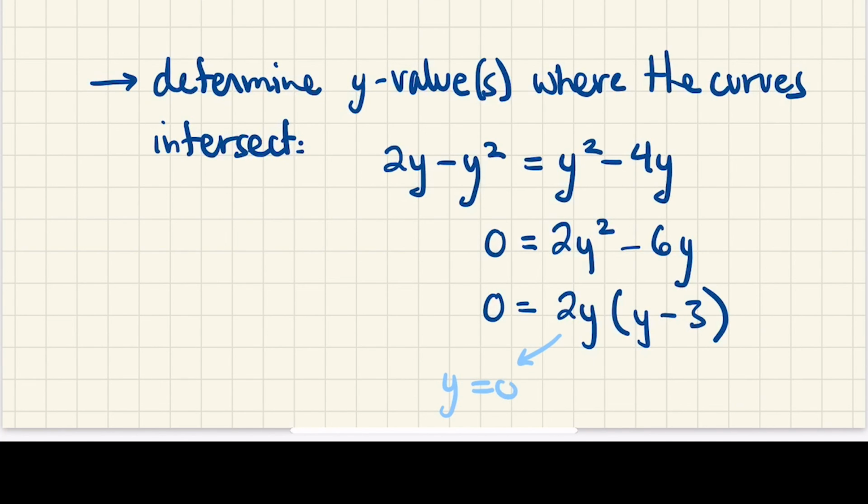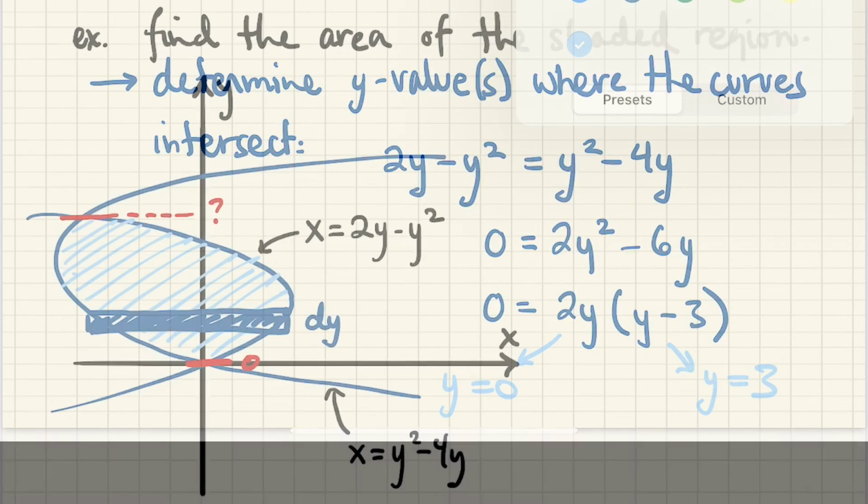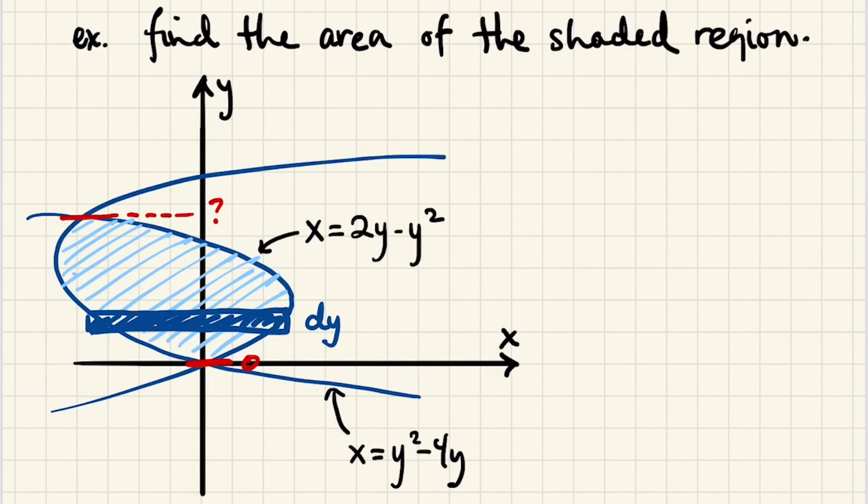So we get a solution of y equals 0 and a solution of y equals 3. Looking at our graph, yes, there's our 0 and there's our 3. So we'll see that we integrate y equals 0 to y equals 3, right function minus left function, dy, and we're good to go.